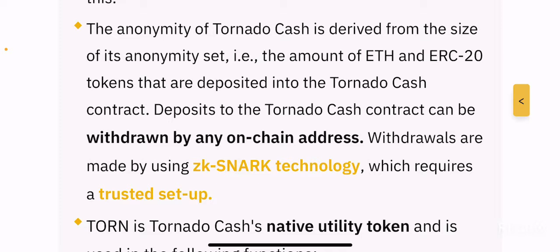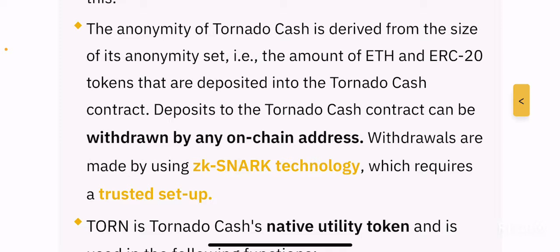So again, here they're going into a little bit more detail about how it aims to keep transactions anonymous. So what Tornado Cash uses is the anonymity set, which is basically the amount of ETH and ERC20 tokens that are deposited onto the Tornado Cash smart contract in order to determine the anonymity of a particular transaction, right?